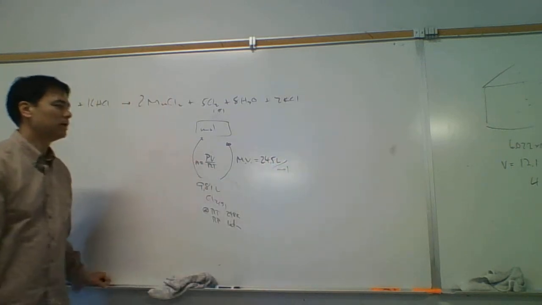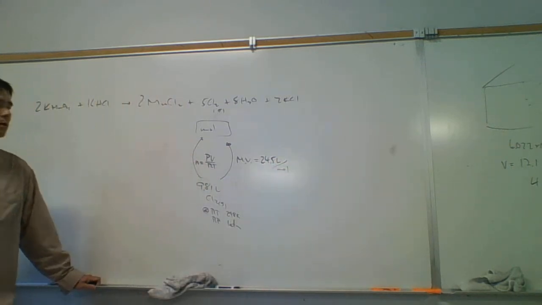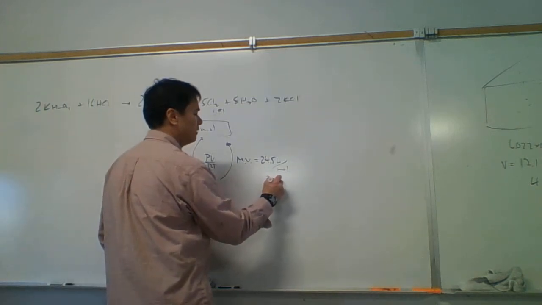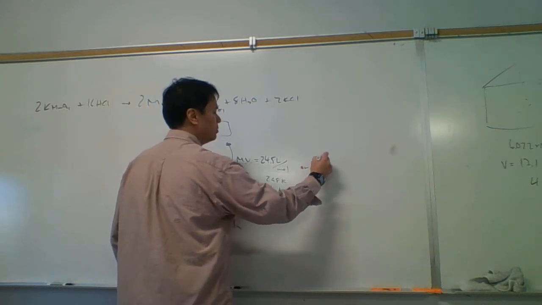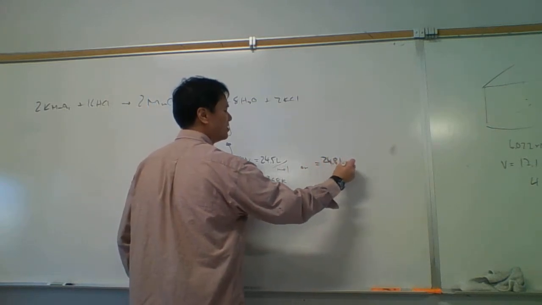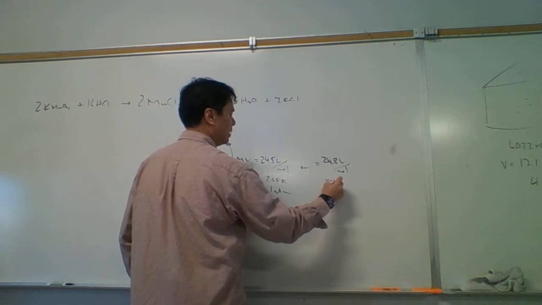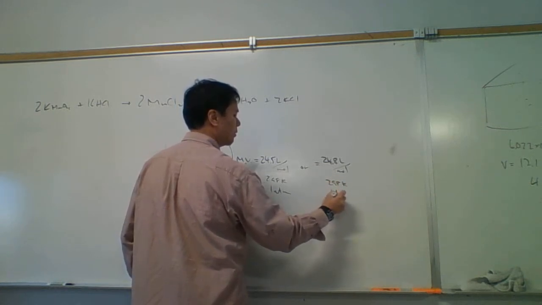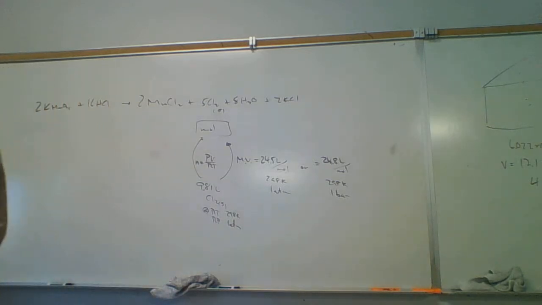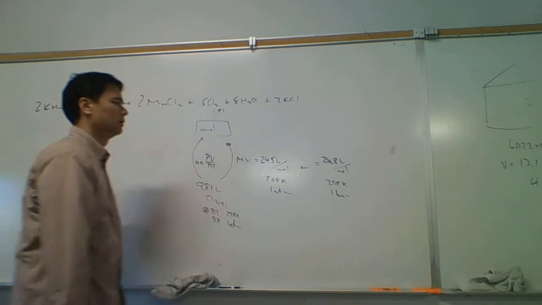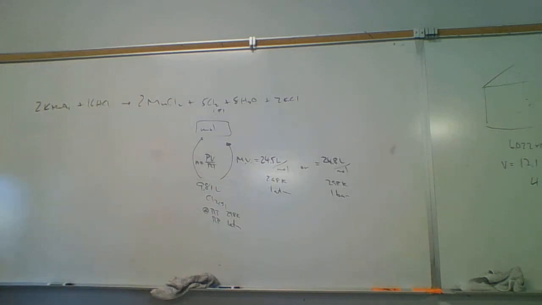It's just RT over P. It is equal to 24.8 liters per mole at 298 Kelvin and 1 bar. The 1 bar is slightly less pressure, and slightly less pressure means that the gas expands a little bit, by like 0.3 liters, 300 milliliters.